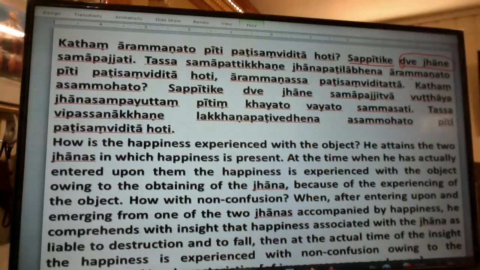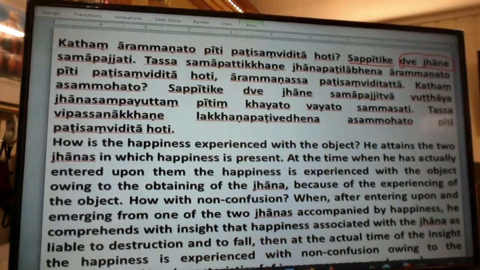You have to understand. Okay. So that's the situation mentioned here. Sapitike dve jhane. Two kinds of jhana. First jhana and second jhana are working with piti. That's why we call that jhana sapitike jhana.